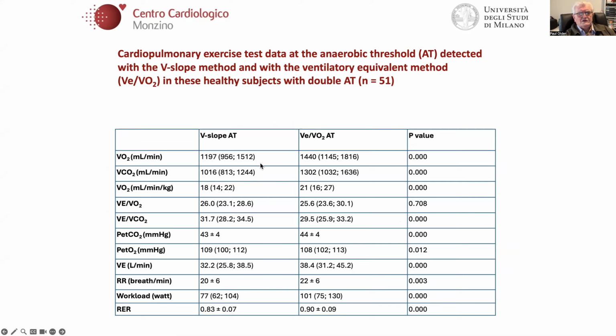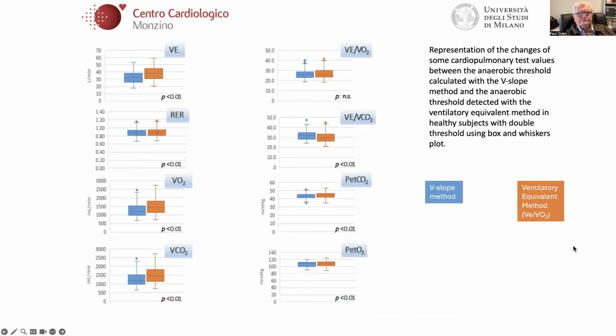We can see that in all cases, the V-slope appears before the ventilatory equivalent slope, and there are some significant differences in values. This then is the box and whisker plot, where we can see that if you prefer things graphically. The V is the V-slope method, and the orange is the ventilatory equivalent method.